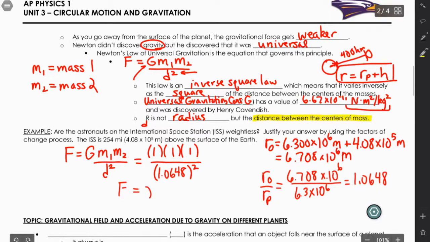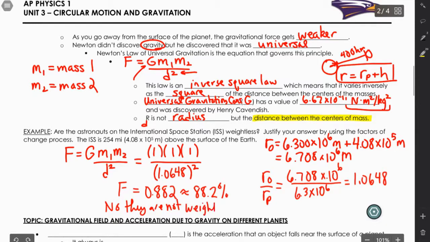And so you're going to find that the factor is 0.882, which is 88.2% of their weight on Earth. So are they actually weightless? No, they are not weightless in relation to the Earth.